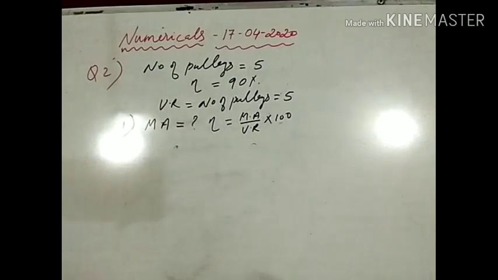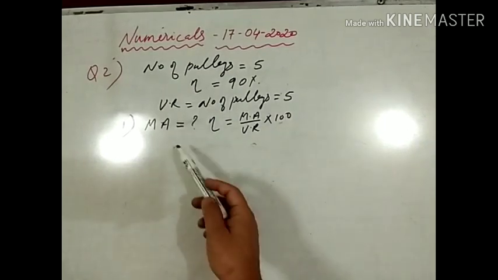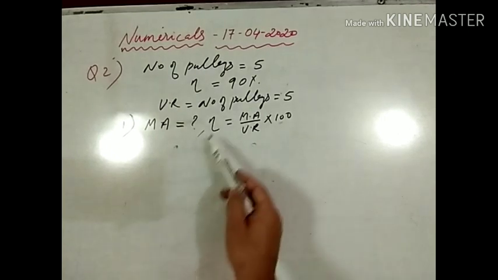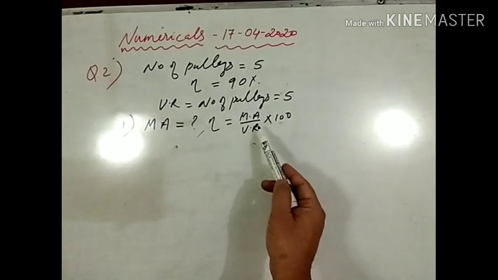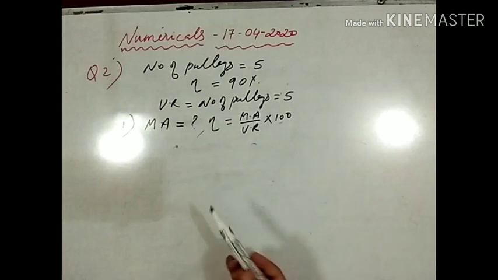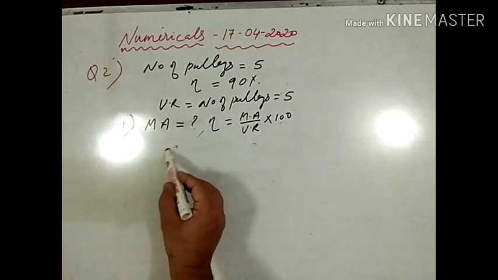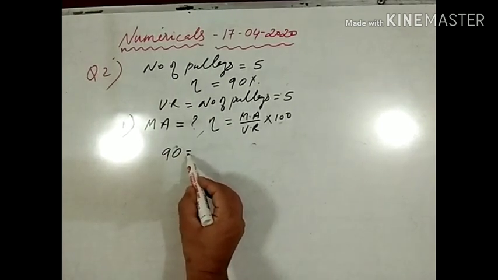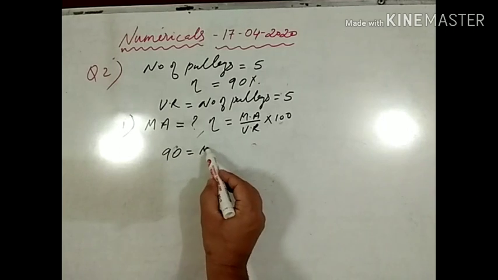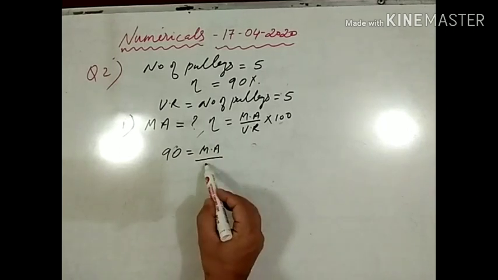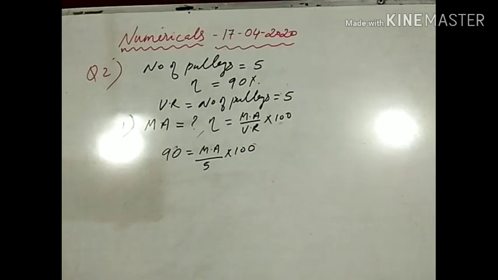First, you have to calculate the mechanical advantage. The first part, we know the formula, efficiency is equal to mechanical advantage upon velocity ratio into 100. What is the value of efficiency given? 90 is equal to mechanical advantage, which we have to calculate, it is an unknown quantity, divided by 5 into 100.